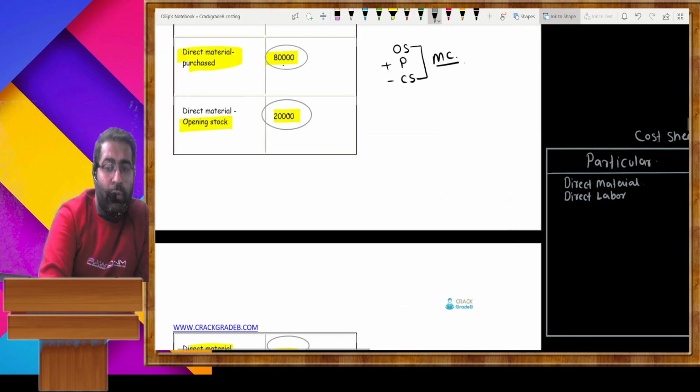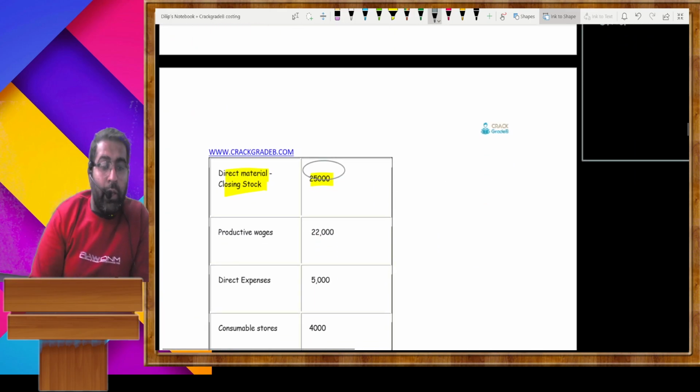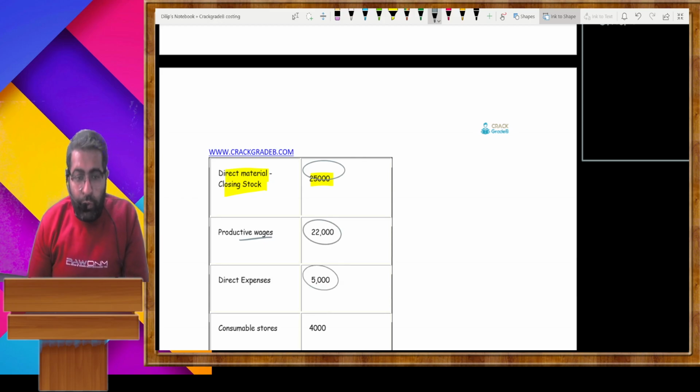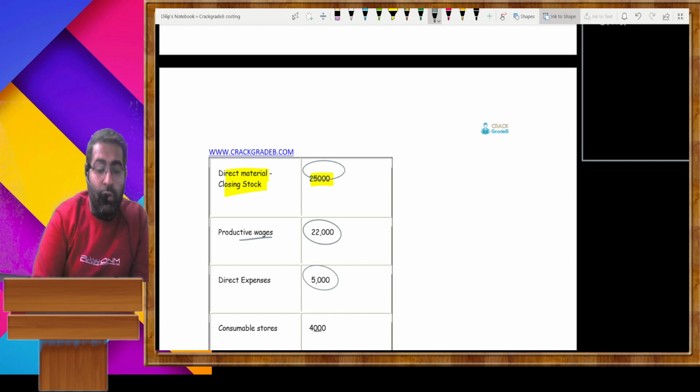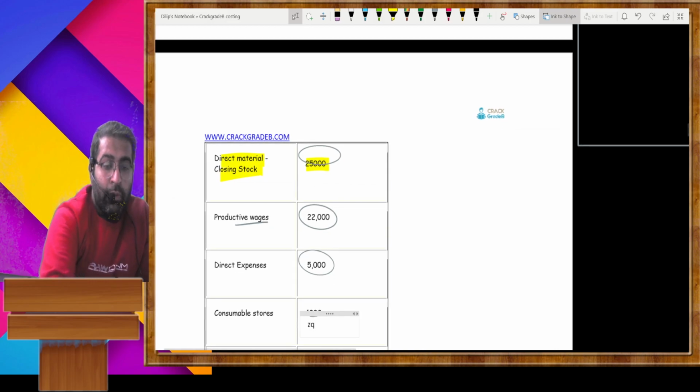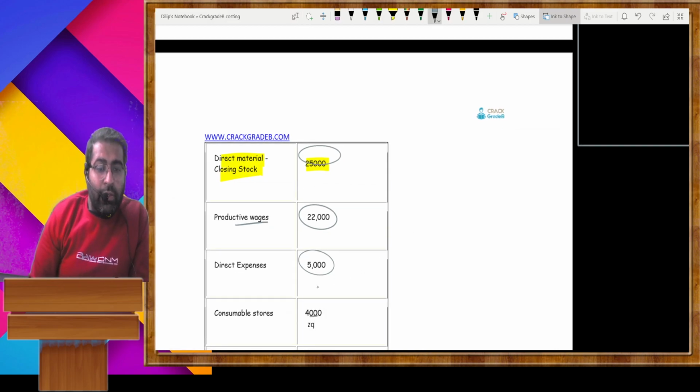Now look in the question. Here direct wages is given, productive wages. It is a part of production. So it is a direct expense, direct labor 22,000 and direct expenses 5,000. Again there is a consumable store also given. But the consumable store is the part of office.